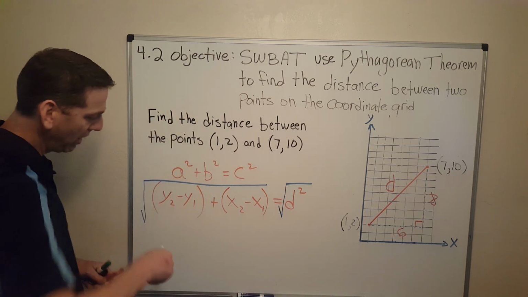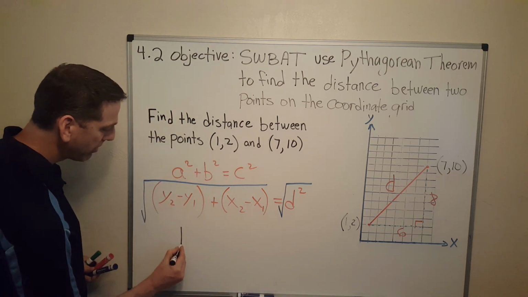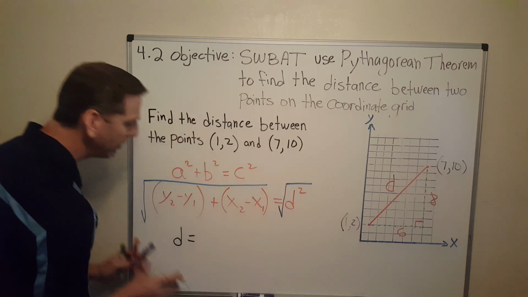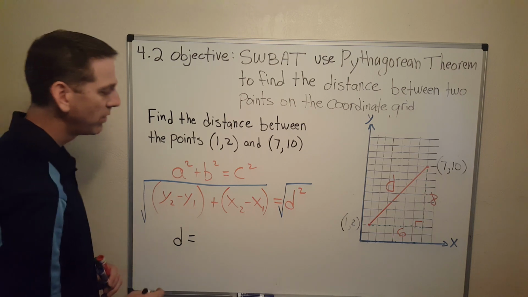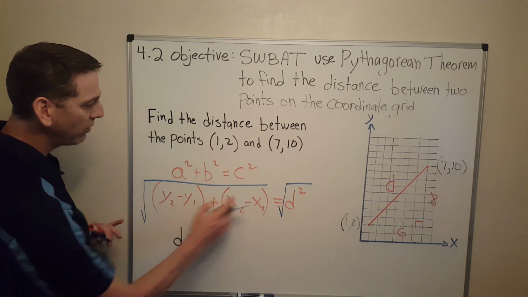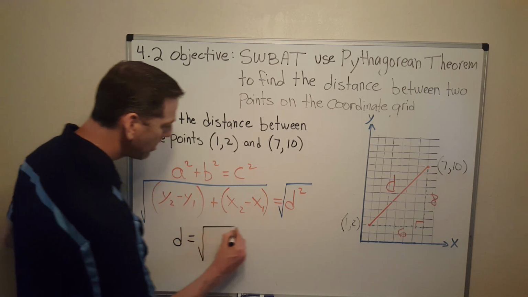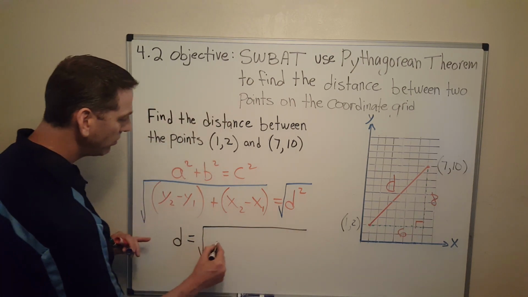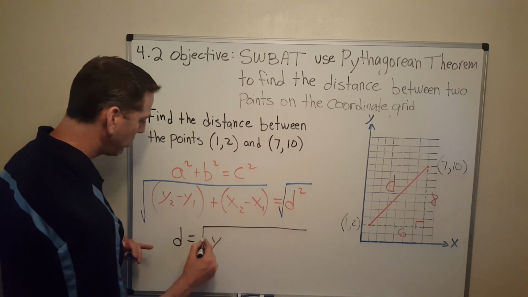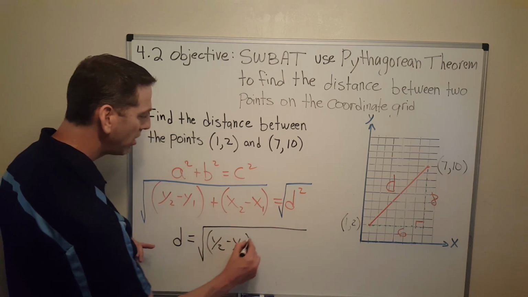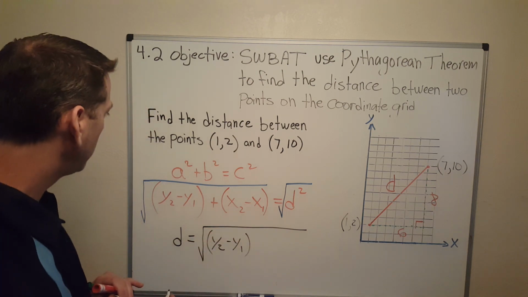So let's do this in black. I'm going to move this right side to the left side. All right? So D equals what? Well, D equals all of this. D equals the square root of y2 minus y1. Whoa, I forgot something.